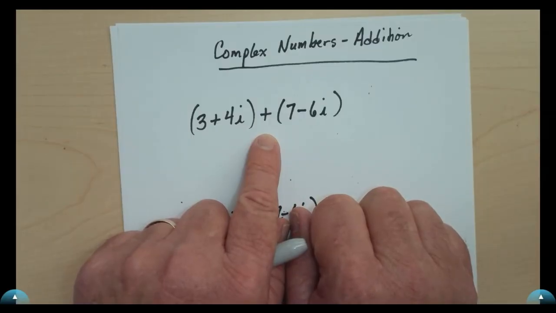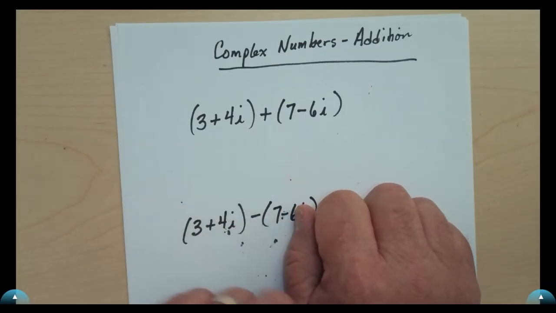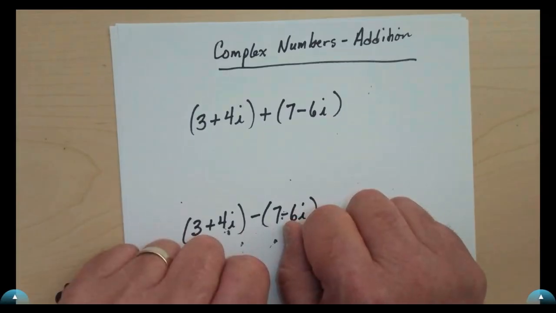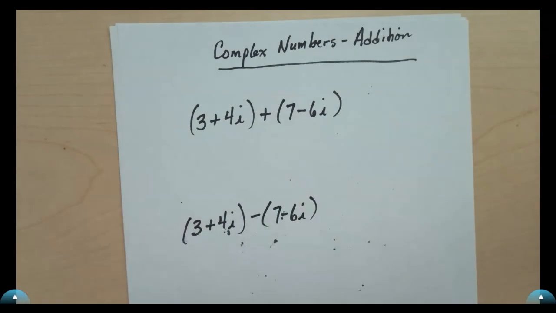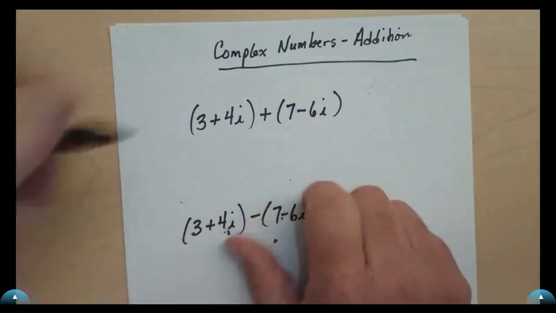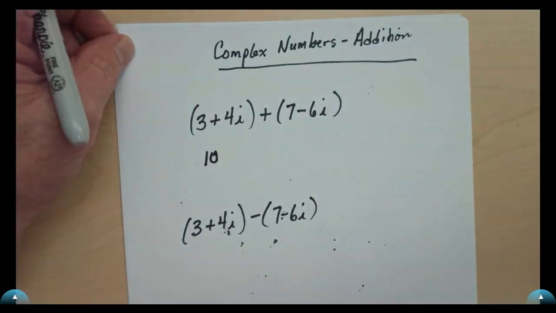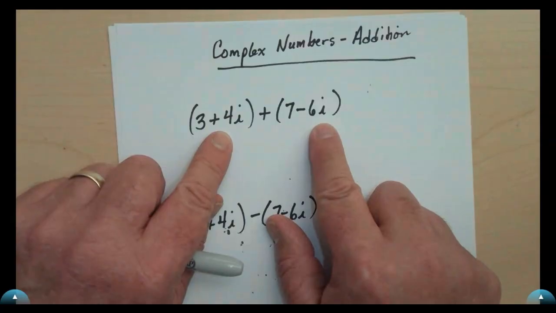How do you suppose, if you were just guessing, how do you think we ought to go about adding those numbers? Like, what would you do if I just told you to do that and you were just going to do what seems to make sense to you? Do the 3 plus 7. So if you do 3 plus 7, you'd get 10, right? And then what? The 4i minus 6i.